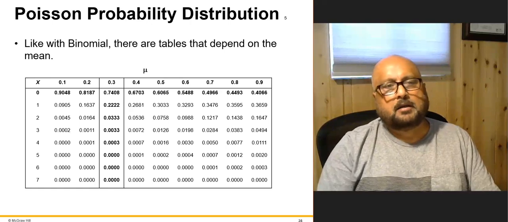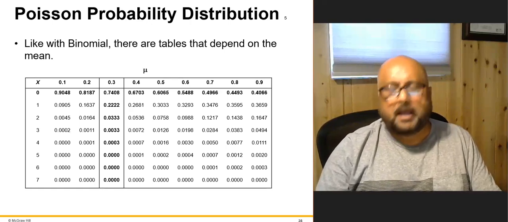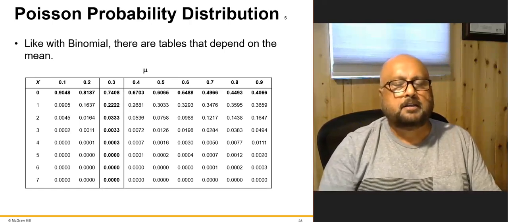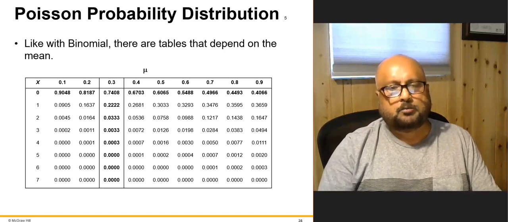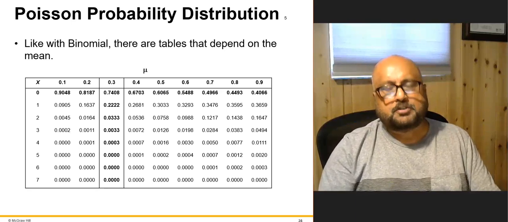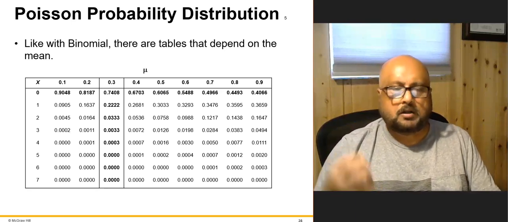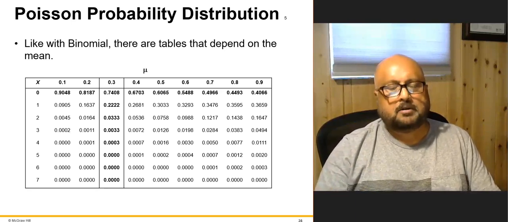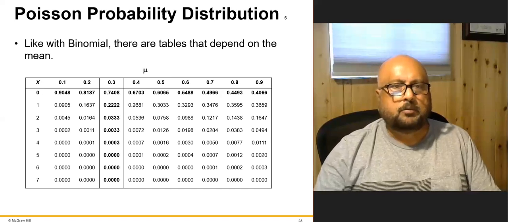And just like for the binomial distribution or any other distribution, if you grab any textbook or reference book on statistics, you can find in the back of the book various tables giving you values for various types of distributions. So for the Poisson distribution, there are also tables available for your reference. Again, we need a value of x and mu in this case.